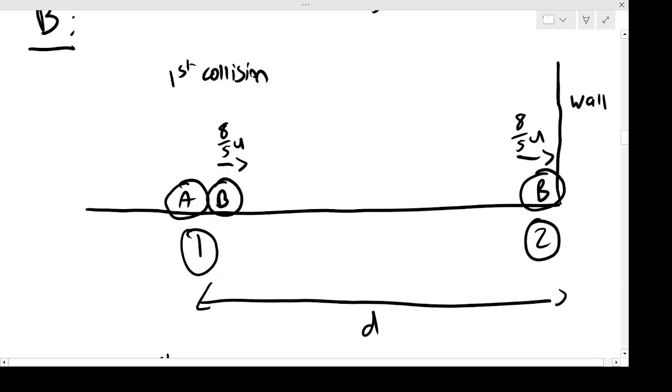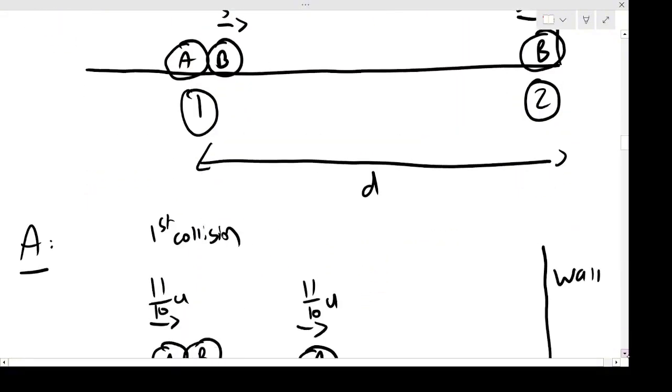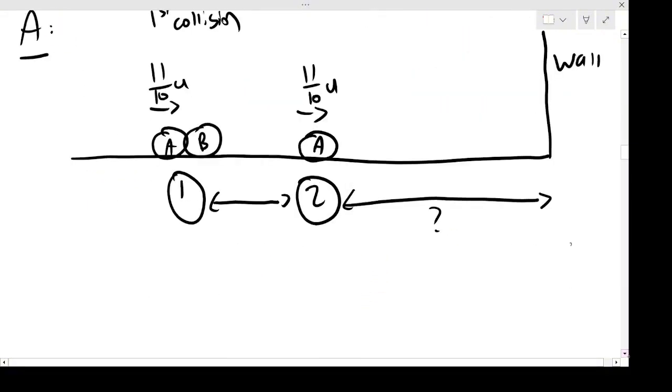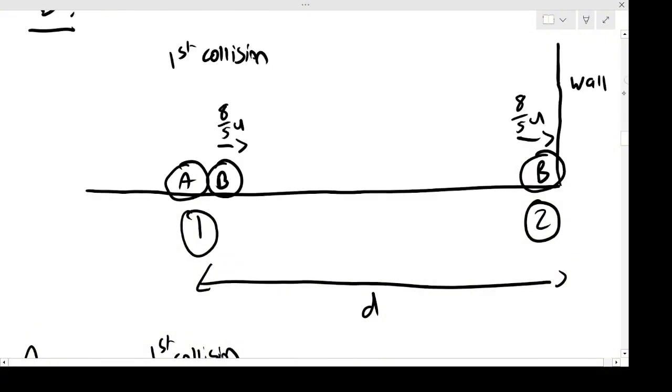Hopefully happy with that then, right? The distance from the collision to the wall is D here. And actually then I could label again the same distance here from point 1 to the wall is D as well. And so there we are. Now, that's all the information I'm given.